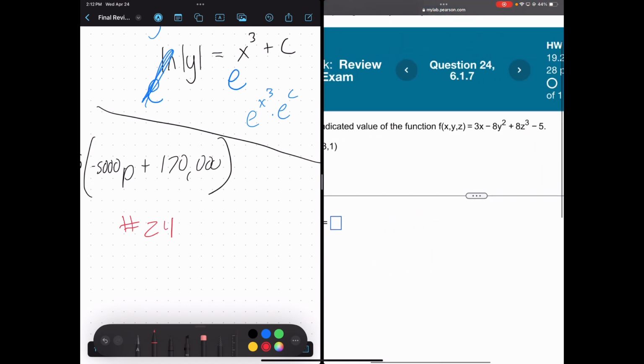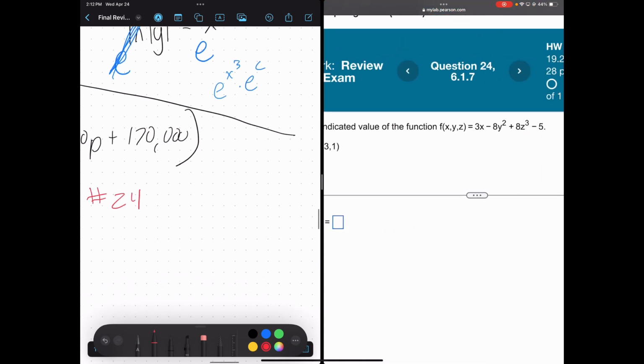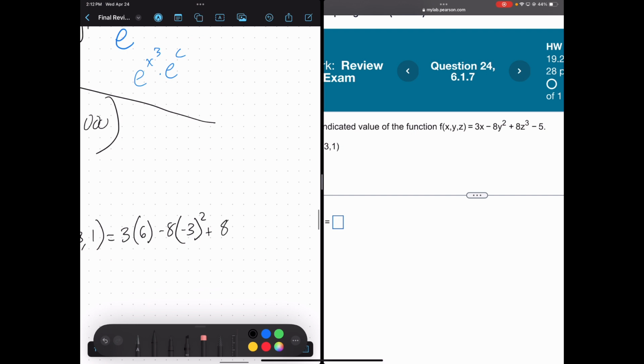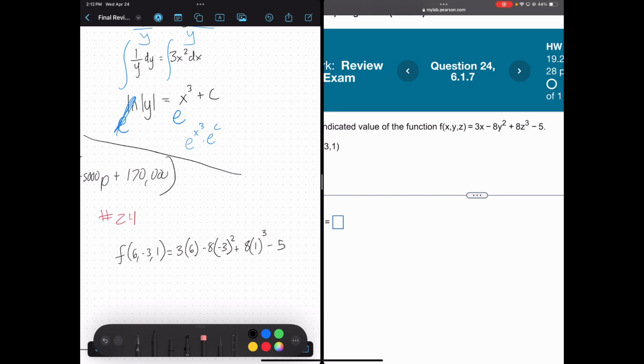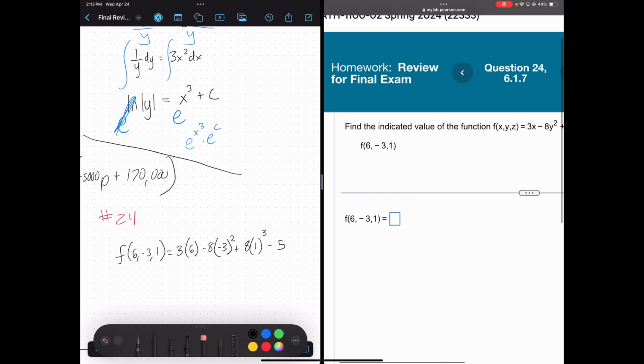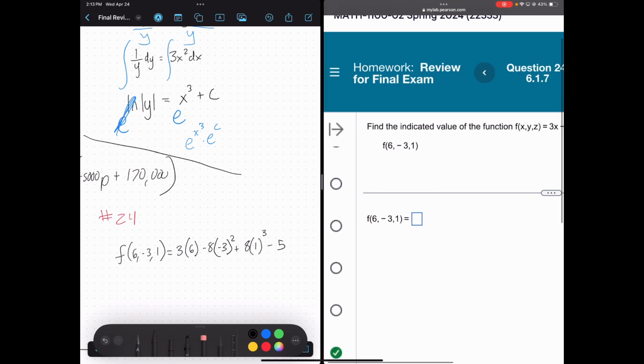So in my case, f of 6, negative 3, 1 means I'm going to have 3 times 6 minus 8 times negative 3 squared plus 8 times 1 cubed minus 5, right? I'm plugging 6 in for X, negative 3 in for Y, and 1 in for Z. Questions on this one? Pretty straightforward.